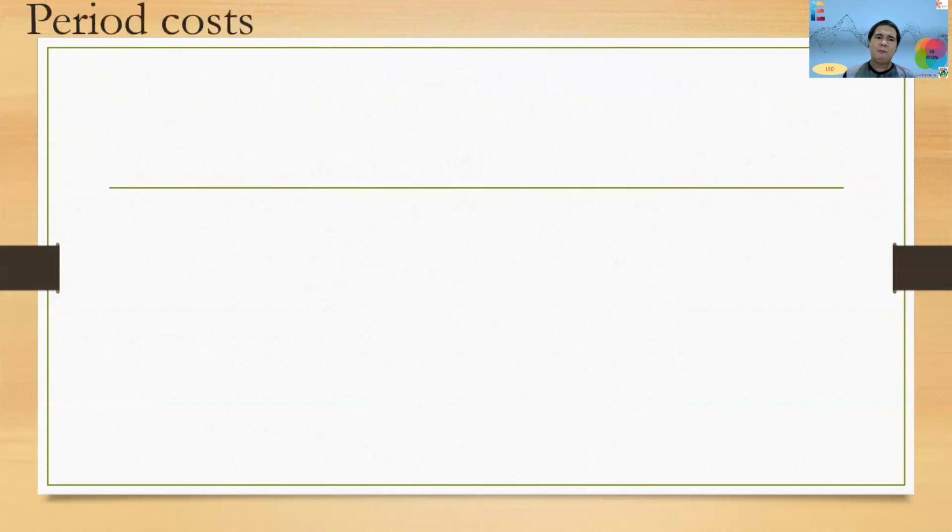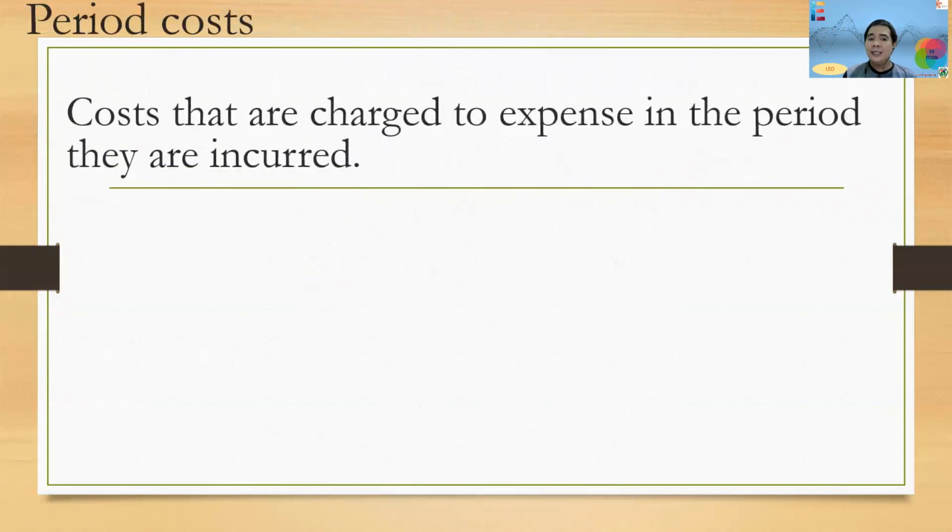So when we say periodic cost, these are costs that are charged to expense in the period that they are incurred. For example, if you have an employee who is paid monthly, the employee's salary on a monthly basis is part of your periodic cost. Okay? Because it comes into your cost on a monthly basis.